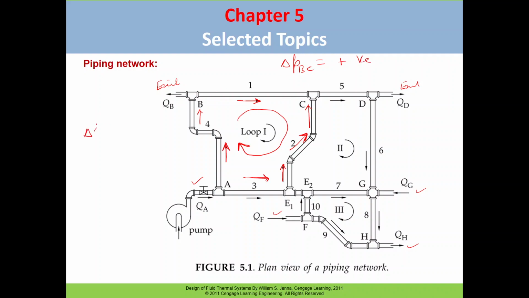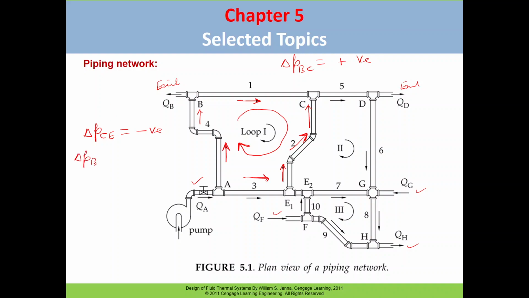And when we write the pressure delta P CE, this we will take as negative because this is counter to the flow direction. And then when we complete the loop, all the pressure sums we will put equal to 0. I will explain later why it is 0.